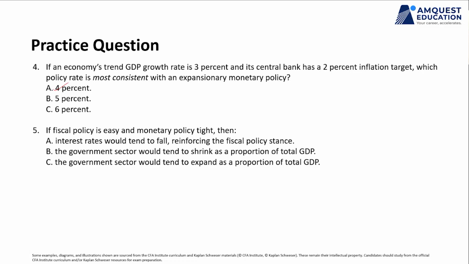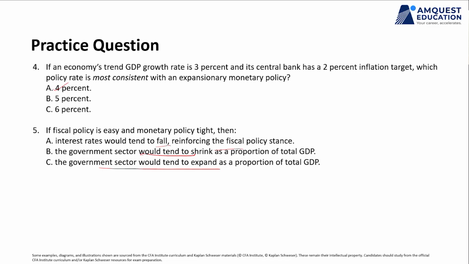Okay, if fiscal policy is easy and monetary policy is tight, which means contraction, and fiscal is easy, then what happens? Interest rates will tend to fall. Will the government sector tend to shrink, or will it tend to expand? What's the answer?